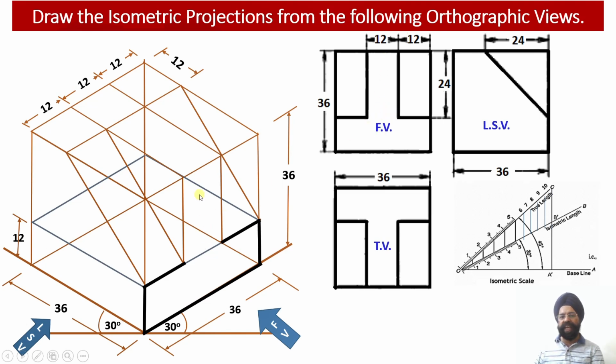So this is the inverted T which appears on the front end side. Similarly, from the side, we have got this edge dark and this edge dark. We can see this edge is dark, this edge is dark and this edge is also dark. And then you have got this edge dark, and then this is my inclined web which I am able to see from the left hand side.